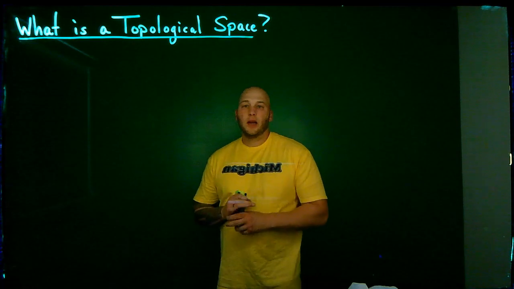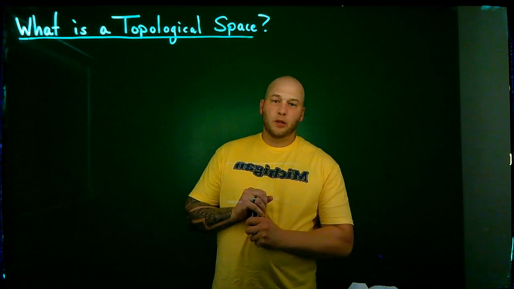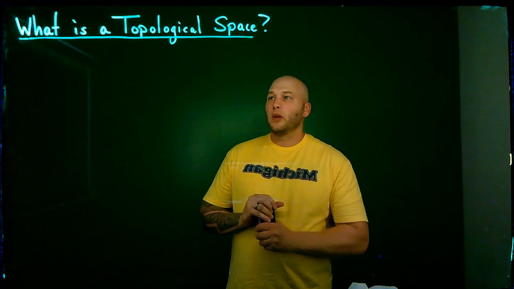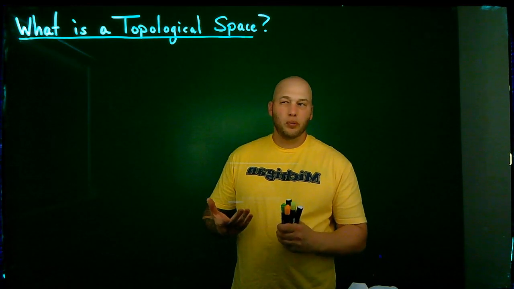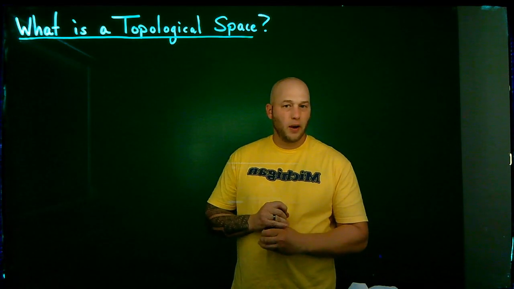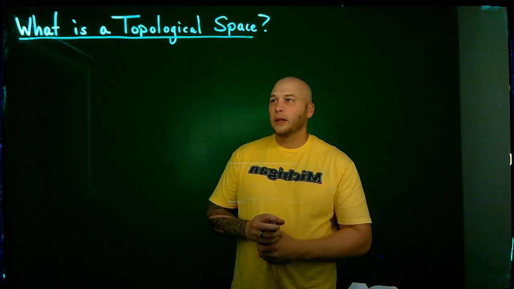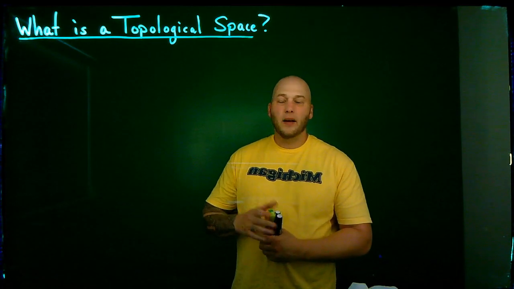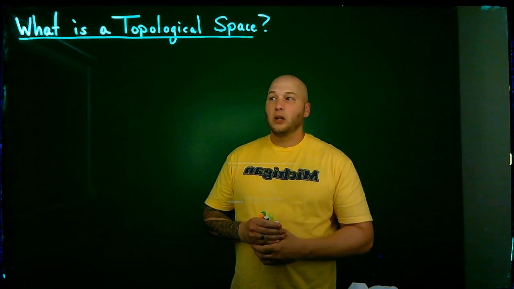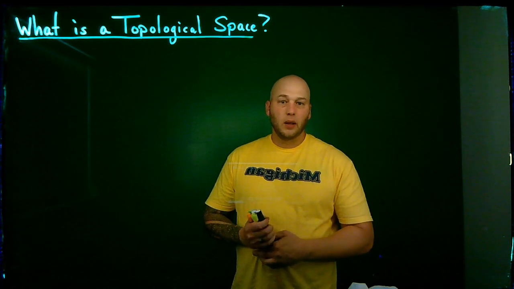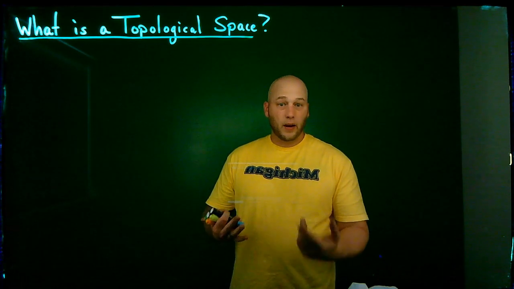What I want to take a look at is what is a topological space. This is one of those topics that you'll learn in probably a senior level undergrad, maybe beginning graduate school, but it's right about that level. Now, if you're getting into a course called topology, you've probably studied linear algebra, where you talked about what is a vector space.